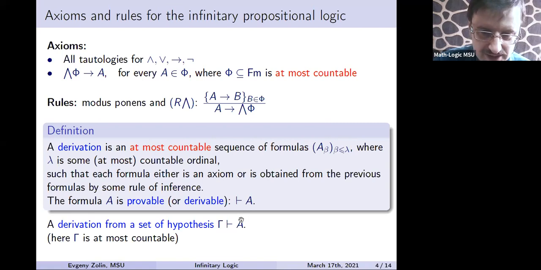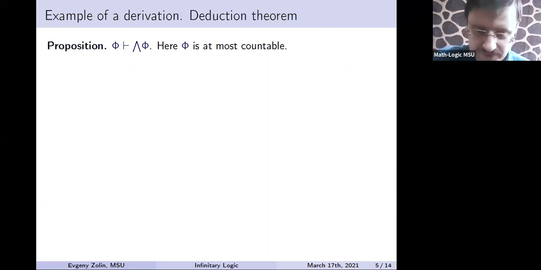This notion means that there is a derivation such that each formula in this derivation is either an axiom or an element of gamma, or is obtained from previous ones by some rule, and the last formula is A. So like in the usual logic. Here's an example. If we have some at most countable set of formulas phi, then from this set of hypotheses, we can derive this formula conjunction phi.